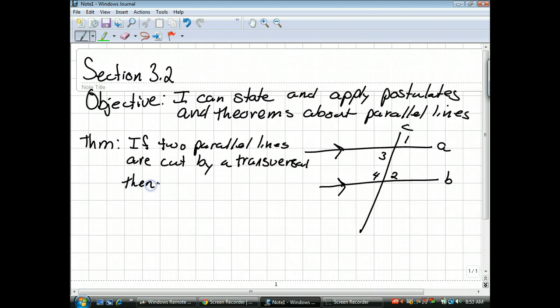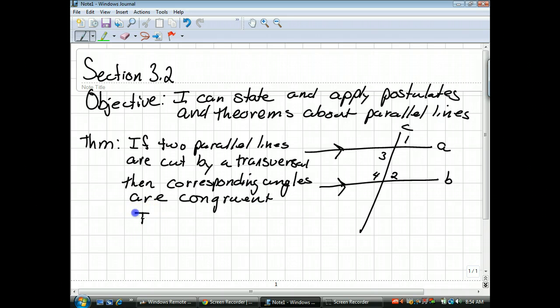Then corresponding angles are congruent. Okay, so it says if A is parallel to B, then angle 1 has to be congruent to angle 2. Okay, because angle 1 and angle 2 are corresponding angles.